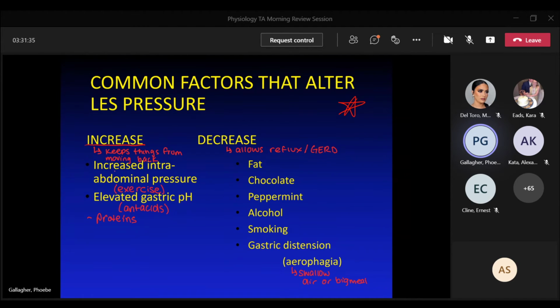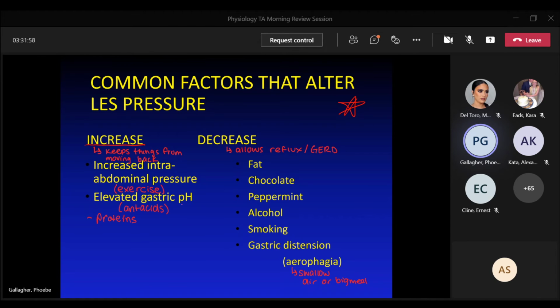Something that does this is an increased intra-abdominal pressure. I wrote on my old notes that it was like a big meal. That's wrong. It's actually any exercise, which makes sense because if you're exercising, your lower esophageal sphincter is going to close more tightly, and that pressure is going to increase to prevent backflow during exercise.